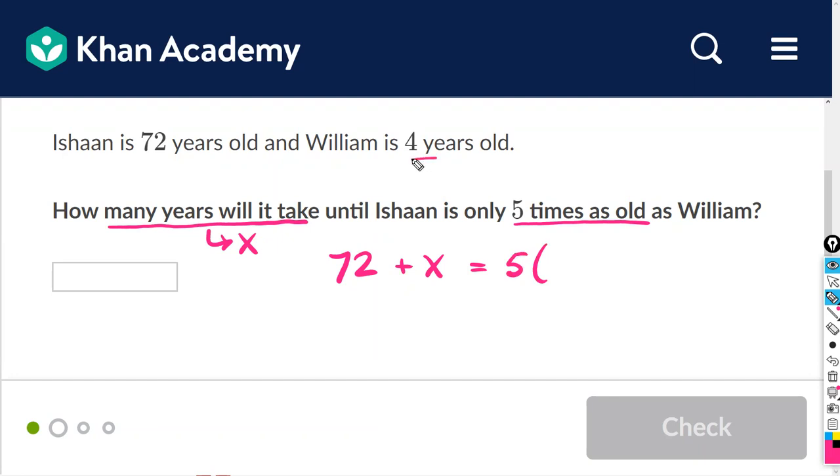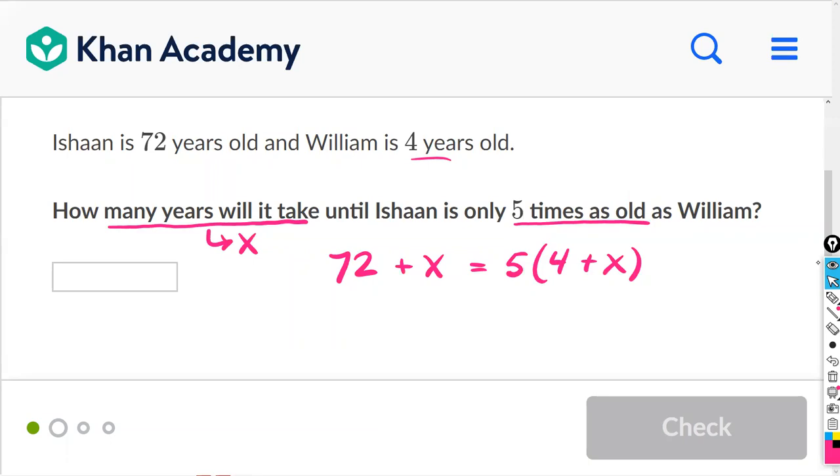And William is 4 years old, but in X number of years, he's going to be 4 plus X. Okay. So we don't know how many years X is. We just added X to 72 and we added X to 4 and we made Ishaan 5 times as old as William.